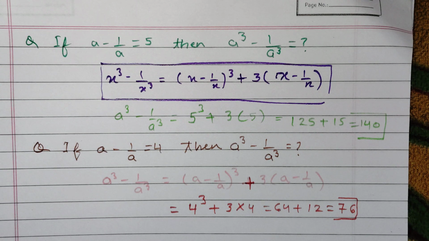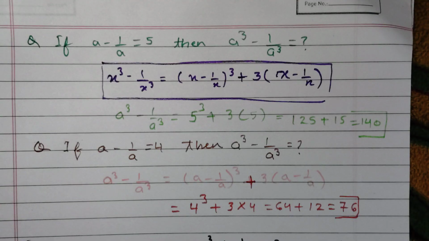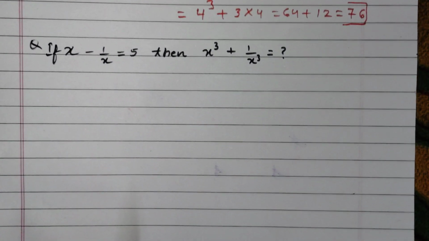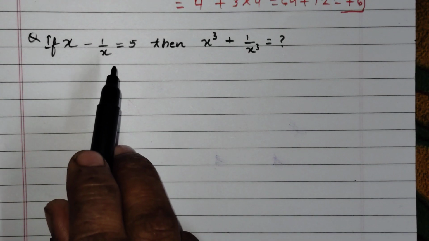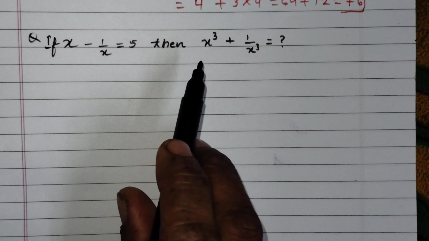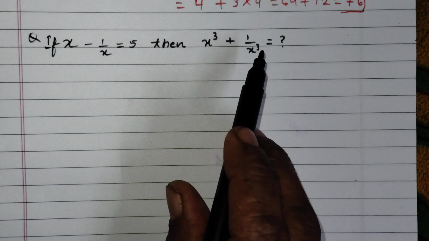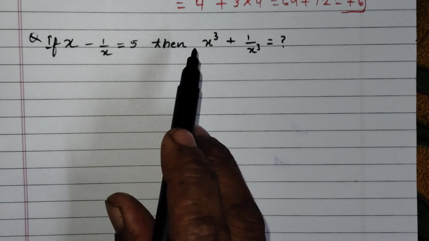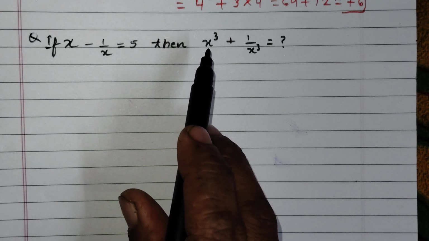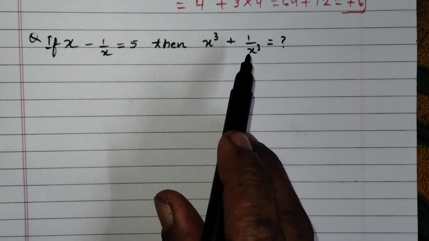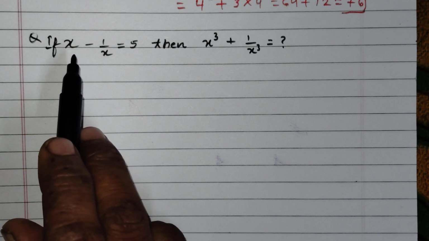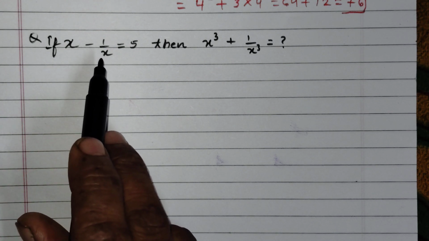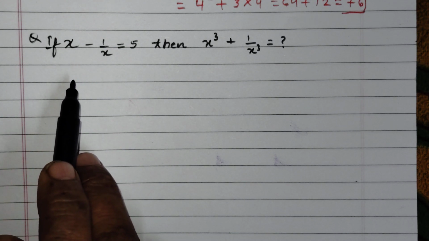Our next question is, if x minus 1 upon x equal to 5, then x cube plus 1 upon x cube equals question mark. So x minus 1 upon x is given, and the question is asking x cube plus 1 upon x cube. So we switch from x minus 1 upon x to x plus 1 upon x.